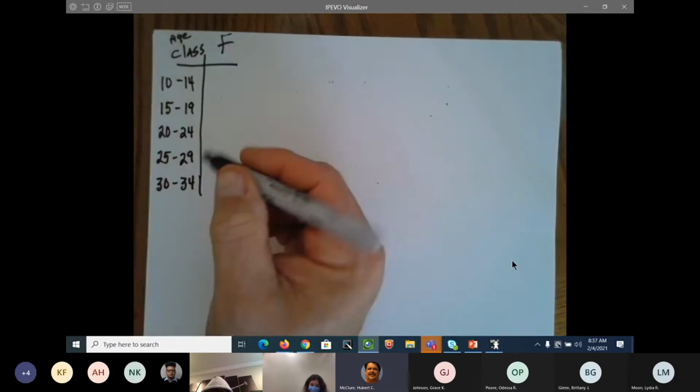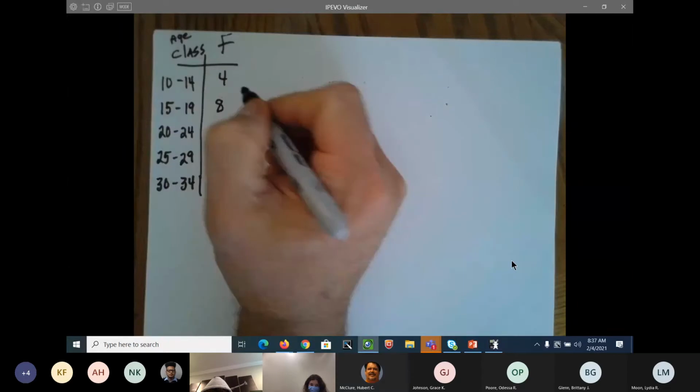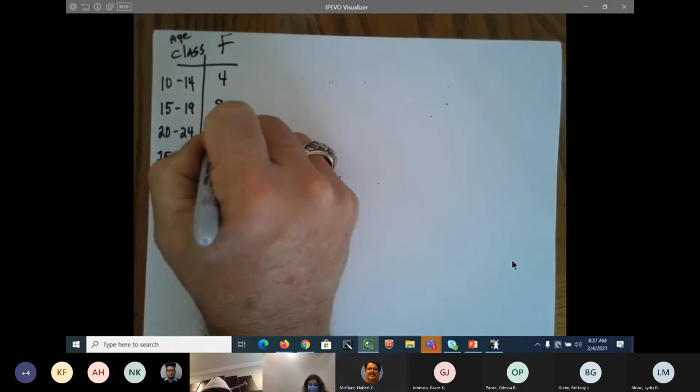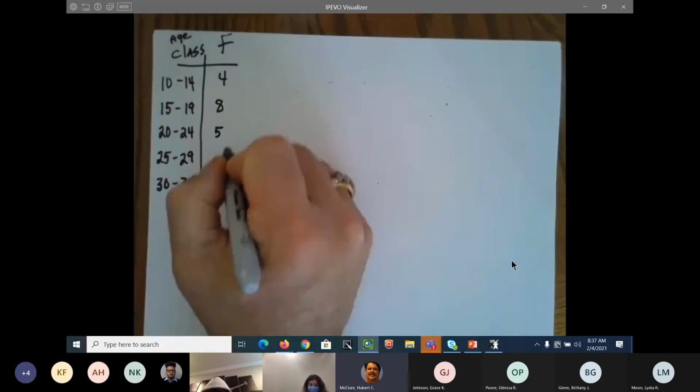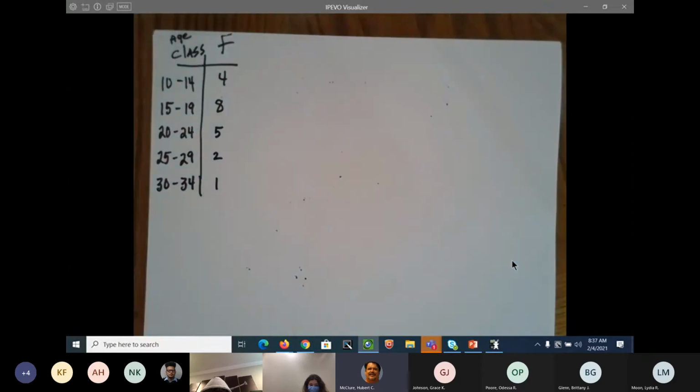And the head count is 4, 8, 5, 2, and 1. This is a quantitative frequency distribution.